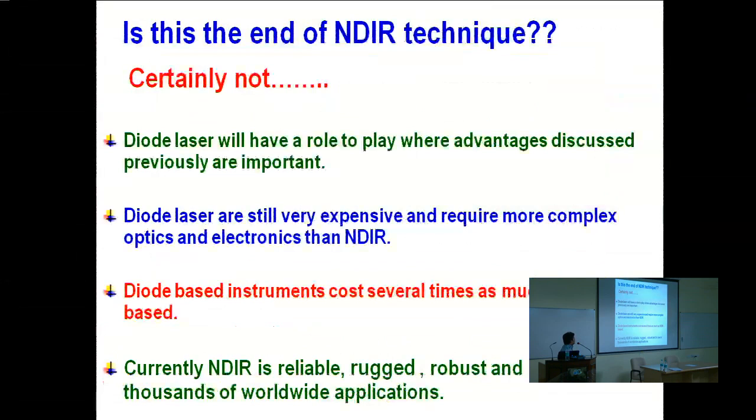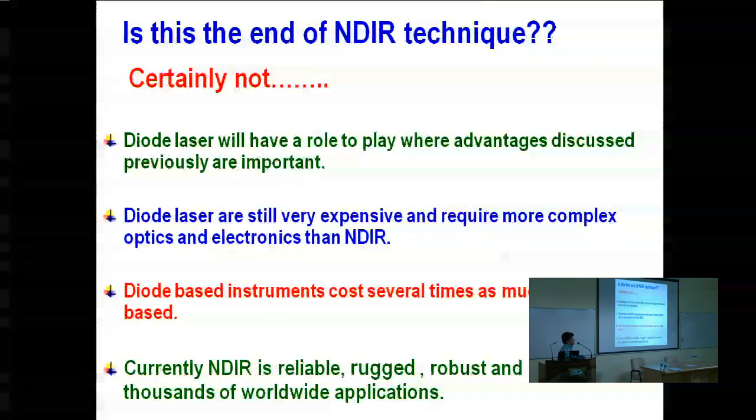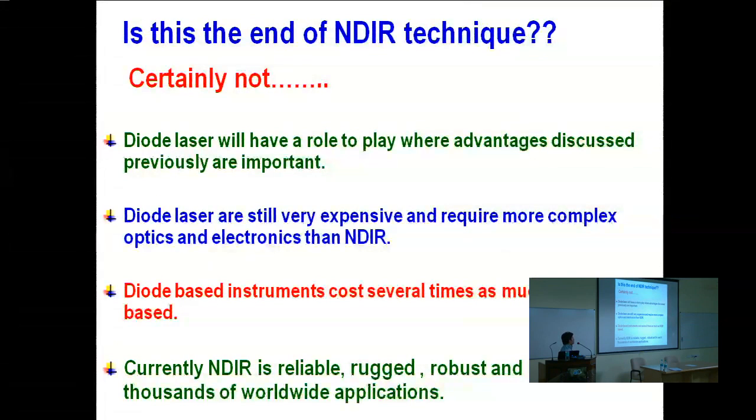Now the question is, is this the end of the NDIR technique? I will say certainly no. If we want to measure CO2 with accuracy at the decimal point, then certainly this technique is very good for continuous measurement. But if you want to measure emissions, like industrial emissions, that is a very costly technique.